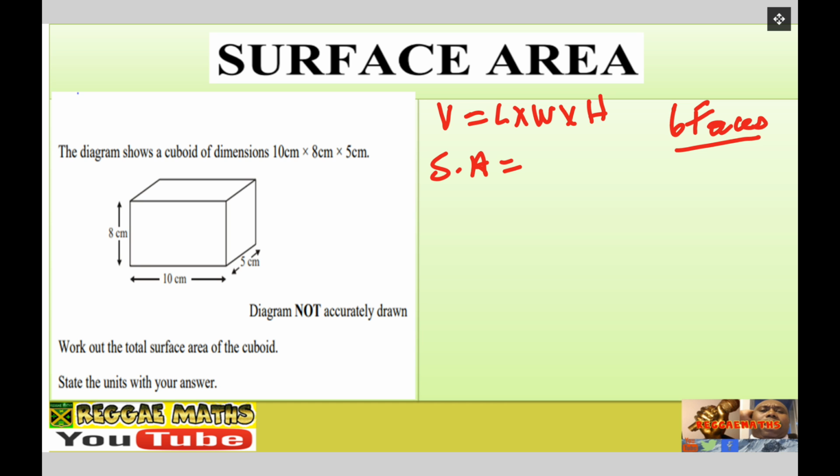So opposite faces are the same. If I go through this step by step, looking at the front, I'm going to say 2 times 8 times 10, then plus the bottom and top, which is 2 times 10 times 5.